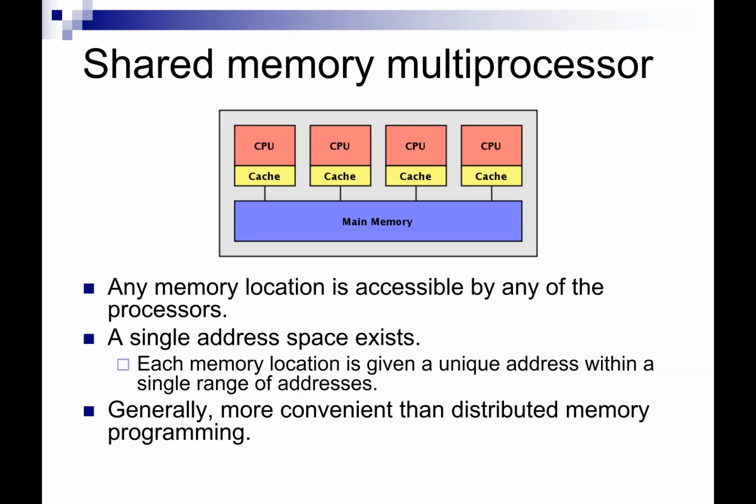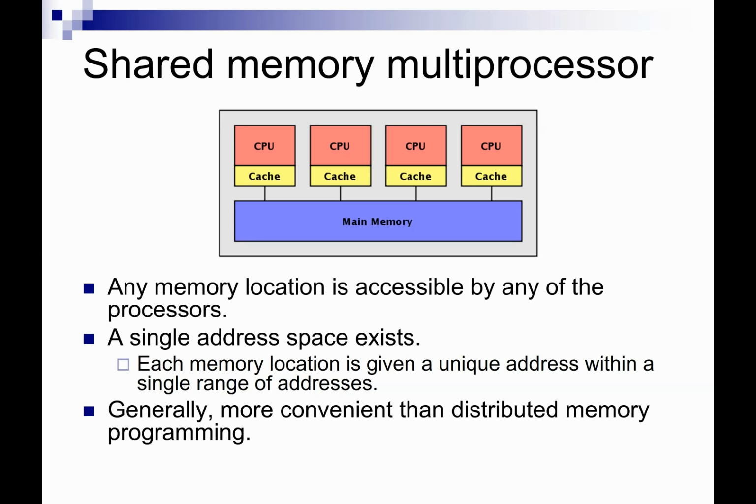Because you need to send a piece of data, and the receiver also needs to receive it. If you don't have that coordination, then the processes are going to block, and your program doesn't work. And also, you as a programmer have to keep track of where the data is. For shared memory programming, it's much simpler because all the data is accessible to all the processes.